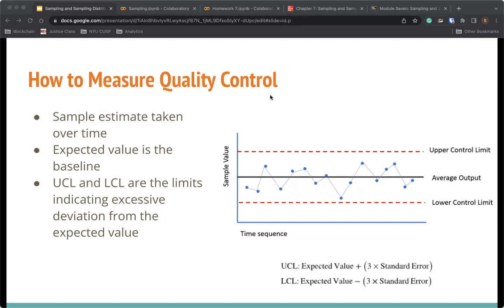So we should keep this in mind once we start getting into hypothesis testing and this p-value, because it's all very related to when we talk about outliers and this distribution of values that are between 3 standard deviations above and below the mean.